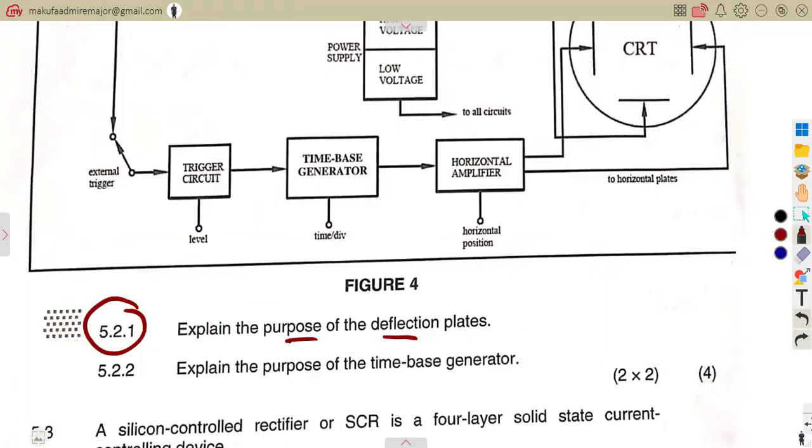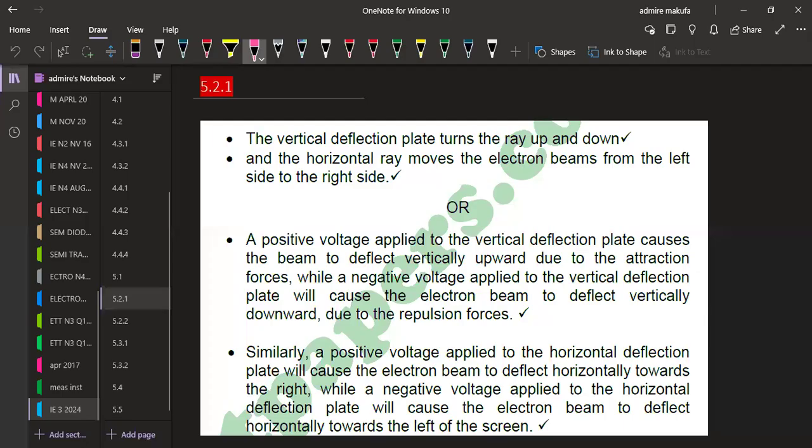So we have got a lot of things to consider. I don't know which part you are going to consider. You can consider the vertical deflection plate turns the ray up and down, and the horizontal plate moves the electron beams from left side to the right side, or you can consider any of these two that you are given to indicate the purpose of the deflection plates.